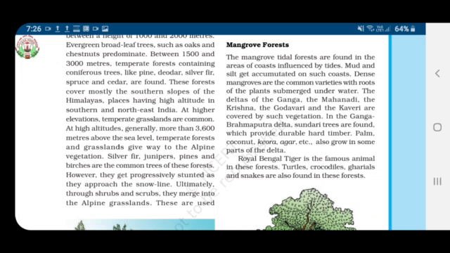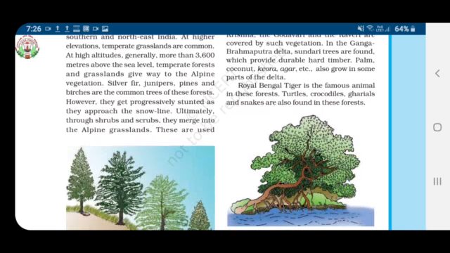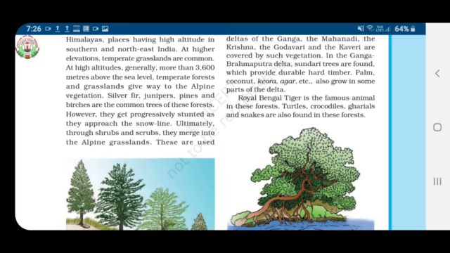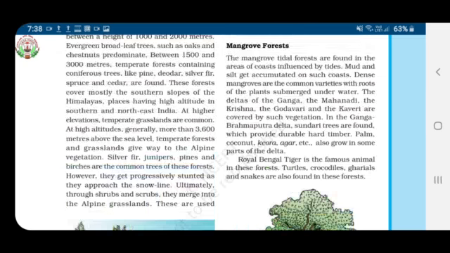Dense mangroves are the common varieties with roots of the plants submerged under water. In the picture, you can see how the roots of the plants are submerged under water. Such vegetation covers the deltas of the Ganga, the Mahanadi, the Krishna, the Godavari.